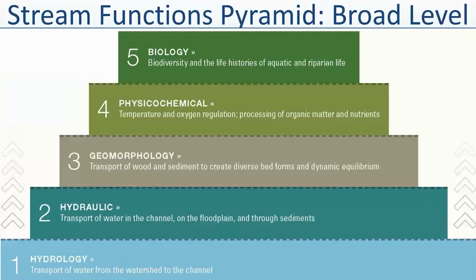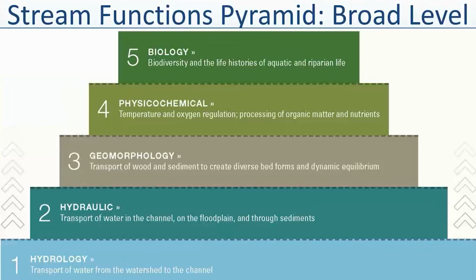So this is the stream functions pyramid. You'll notice at the bottom, we have geology and climate that's supporting and driving all of the functions above. This is why streams in Michigan look different than streams in Arizona. You have different geology, different climate, different than even streams in North Carolina. Even though we have some similarities, we do have different geology, different climate.